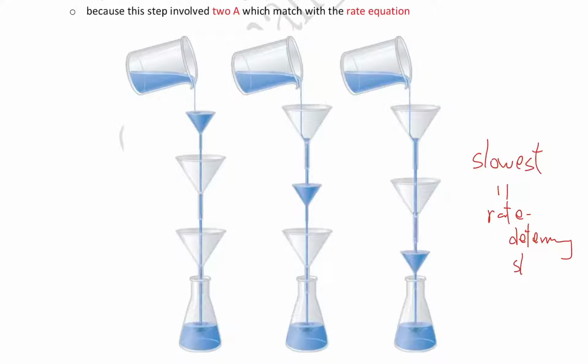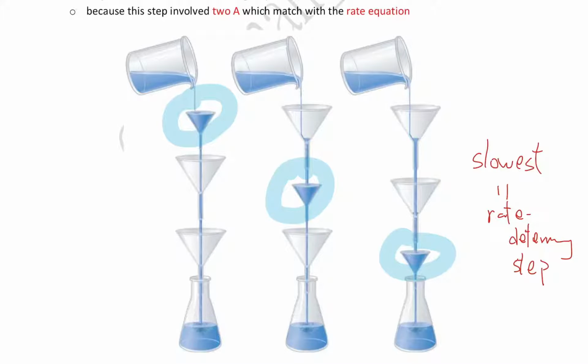The reason why the slow step is the most important one, you can refer to the diagram here. It's just like filters: if you have many filters, the overall rate of filtration depends only on the slowest filter, which is here, or here. It doesn't have to be that step one is the slowest.